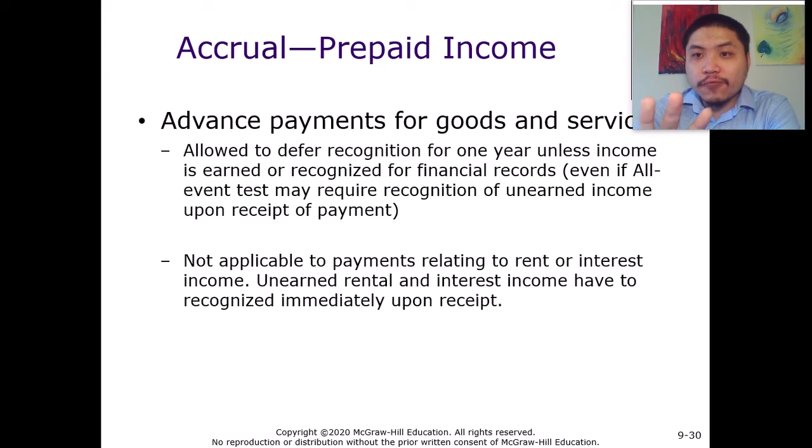So they can defer for 1 year, even though they receive the payment and even though the all-events test says that you have to recognize the income on the date the payment is received. The exception allows the business owners to defer the recognition of the income, but only for 1 year. And remember that these exceptions do not apply to rental and interest income.